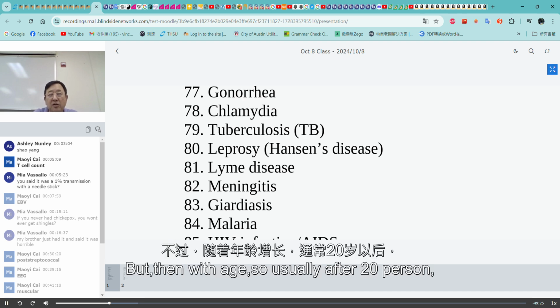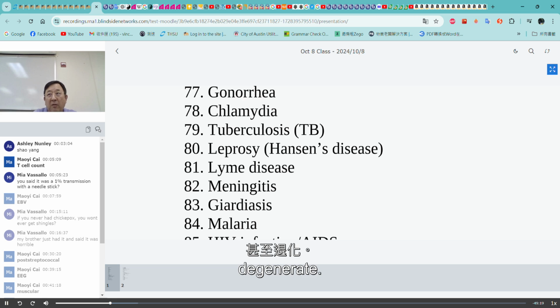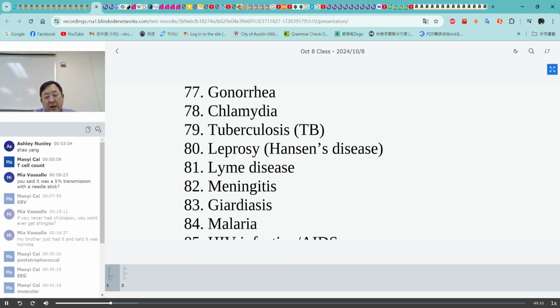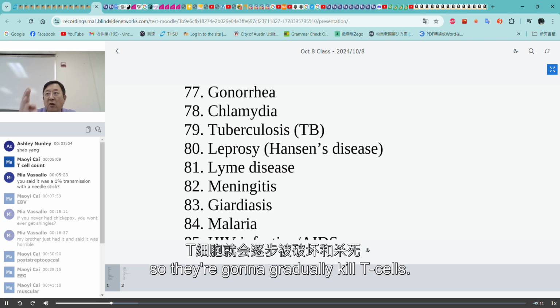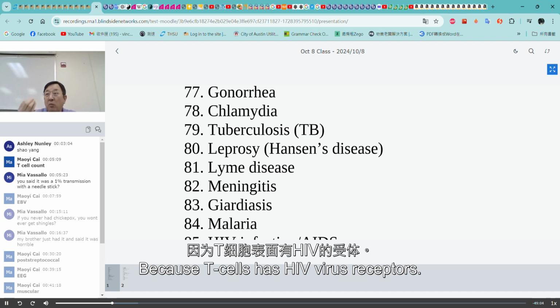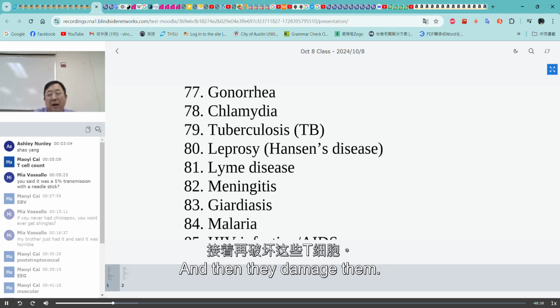But usually after age 20, the thymus gland gradually degenerates, so you don't have a place to get more T cells. So when the HIV virus attacks, it gradually kills T cells. Why do they particularly attack T cells? Because T cells have HIV virus receptors, so it's easy for the virus to attach to them and damage them.